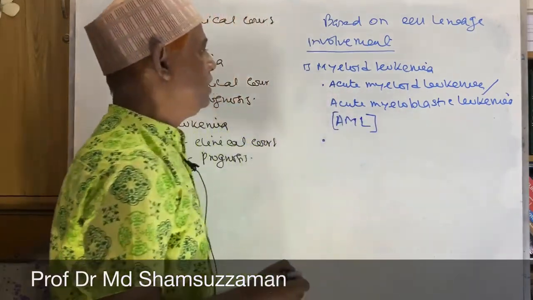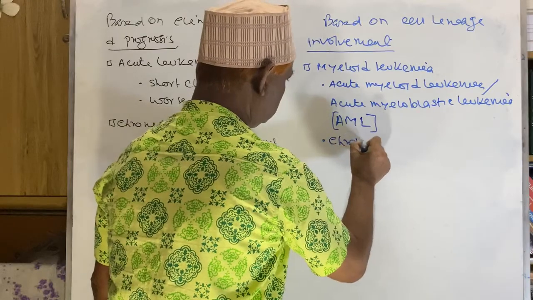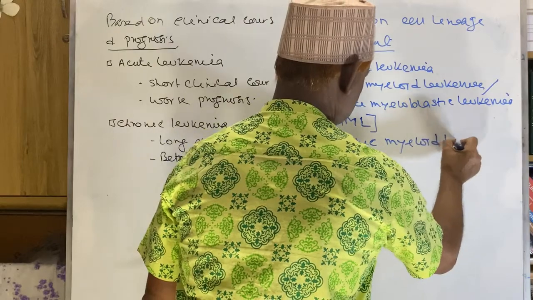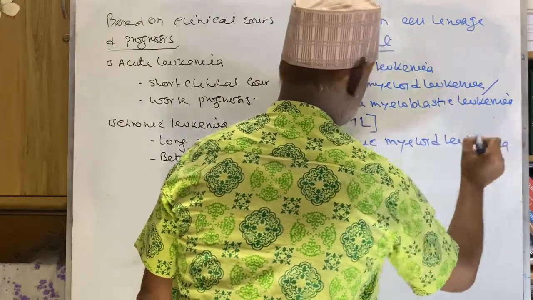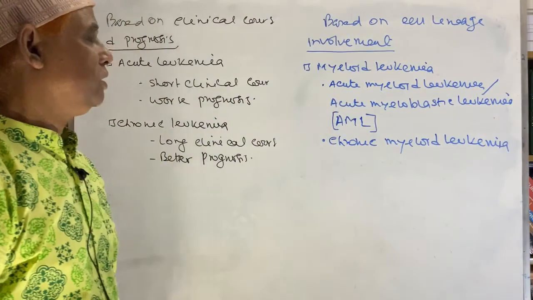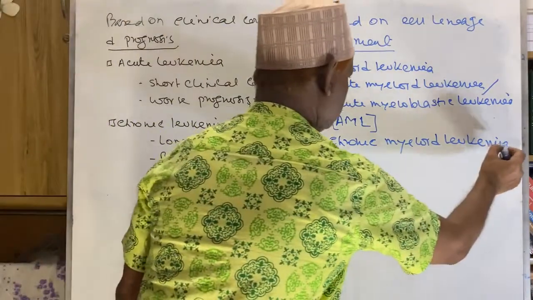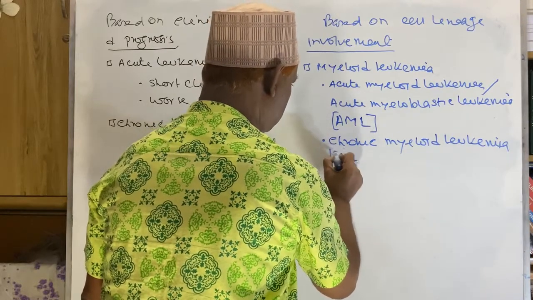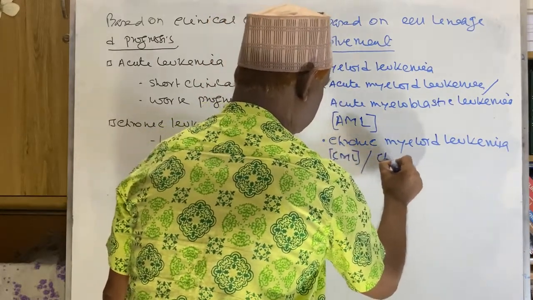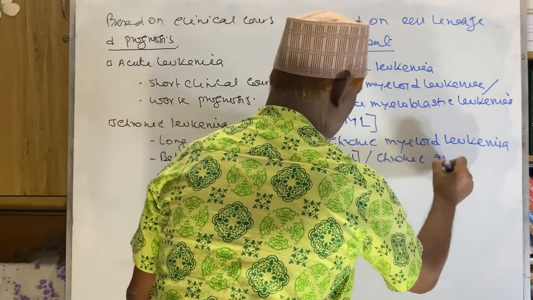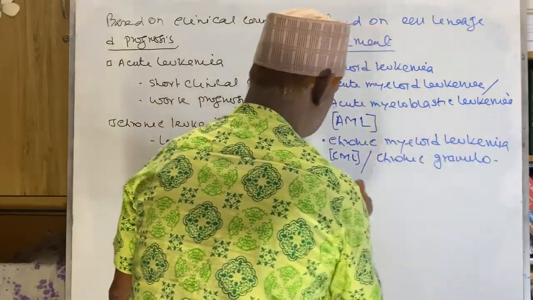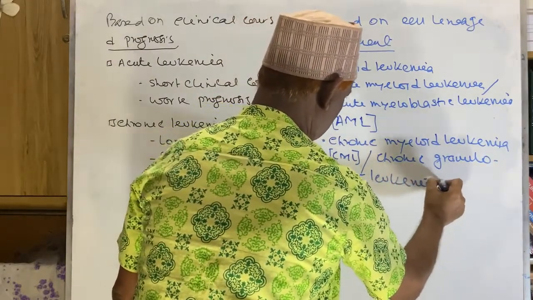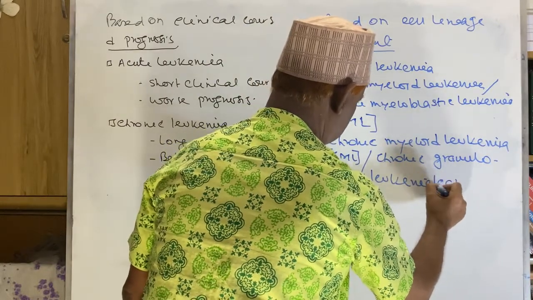Another is chronic myeloid leukemia, which is also called chronic granulocytic leukemia, abbreviated CML, or CGL.